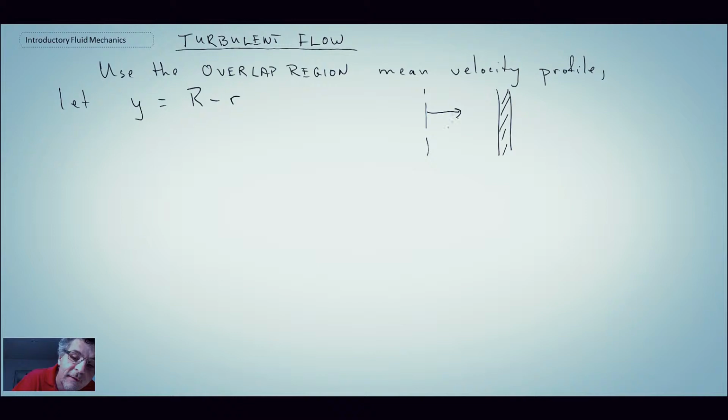We have a little r here, and out here, little r equals capital R, and that would be the radius. So looking at it in this manner, if we have capital R minus little r, then on the outer wall, at r equals capital R, we get y equals 0. So basically what we're doing is retransforming so that y comes in that way, away from the pipe wall, which is what it should be for pipe flow.